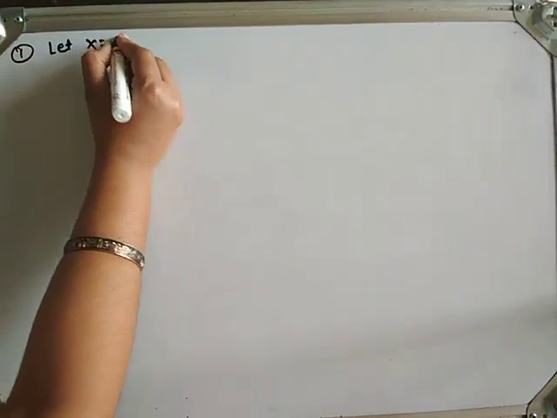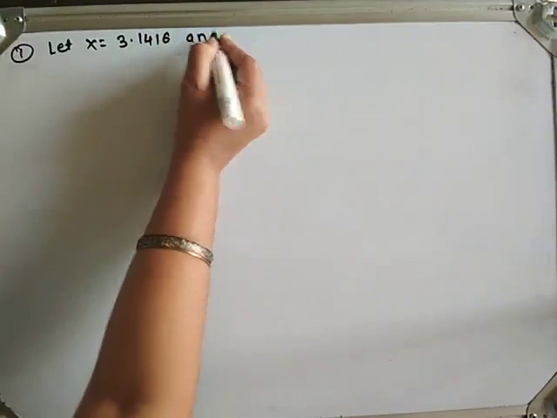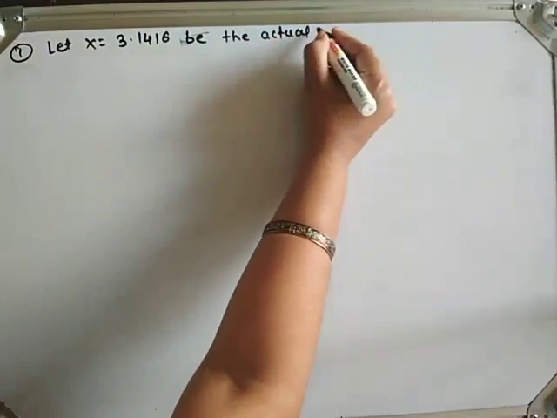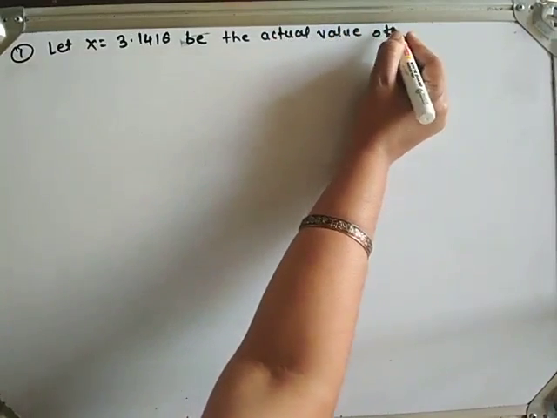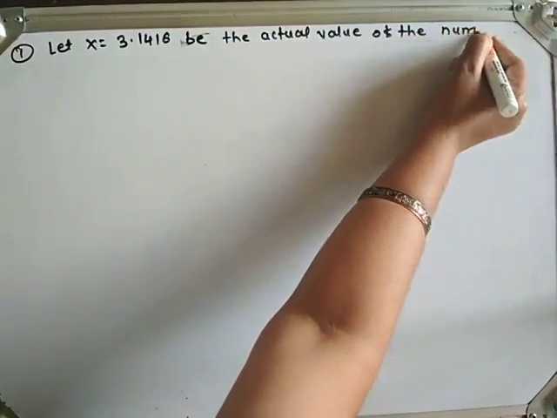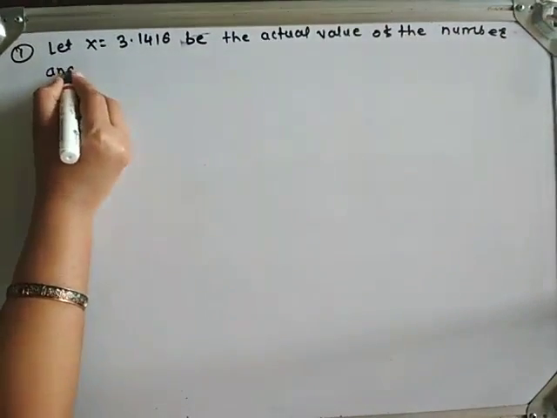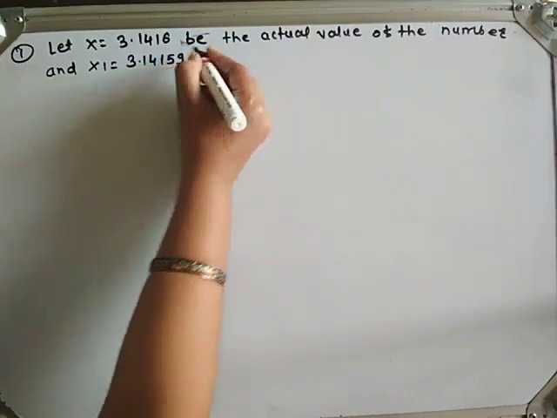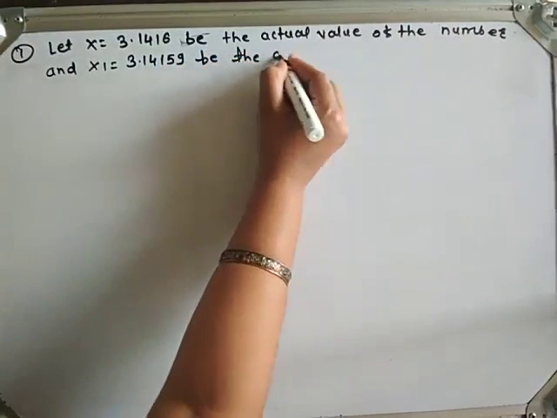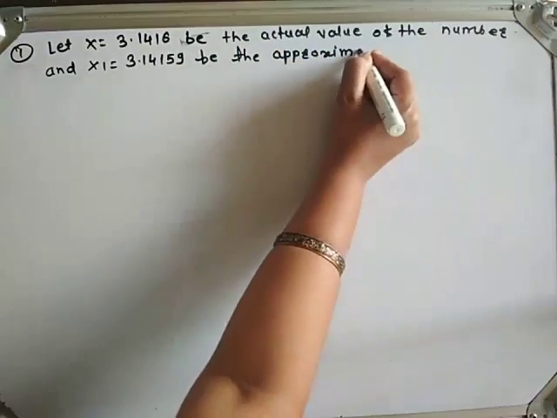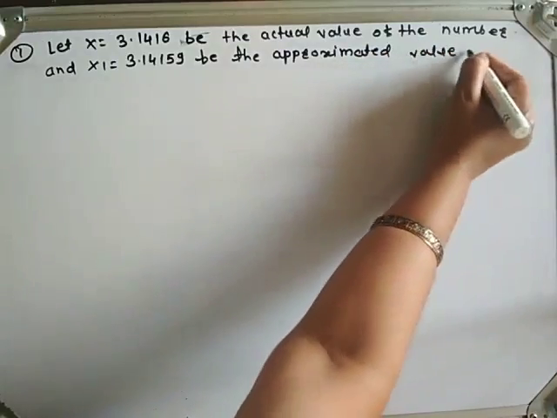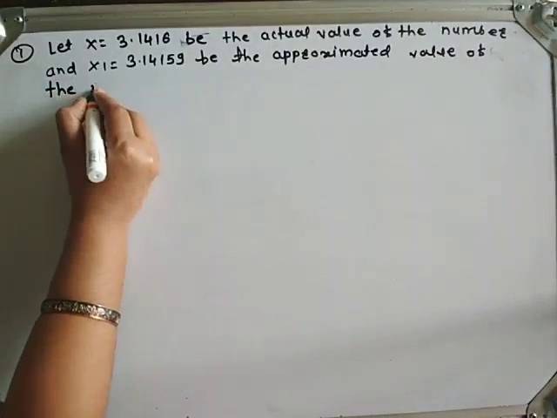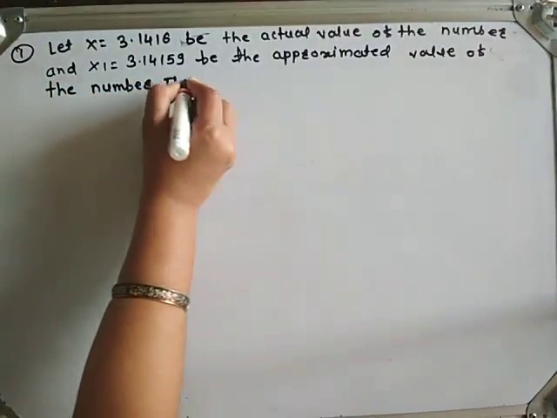Let x is equal to 3.1416 be the actual value of the number and x1 is equal to 3.14159 be the approximated value of the number pi.